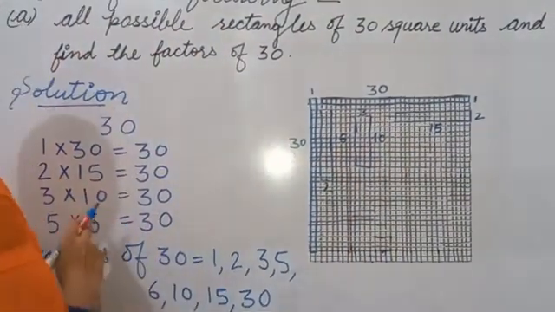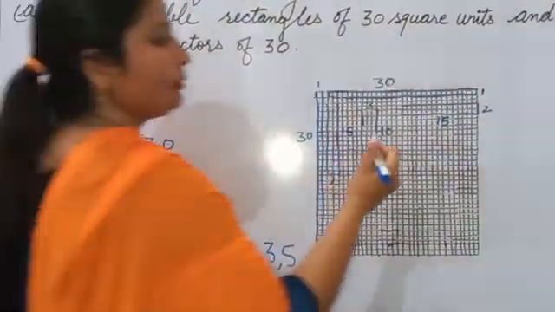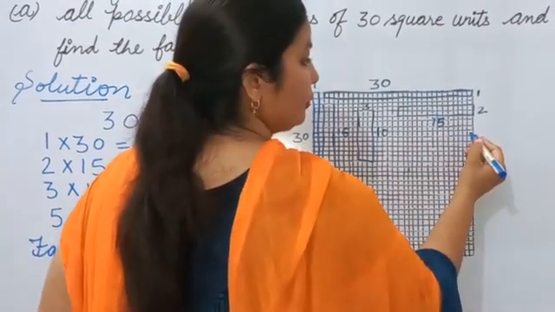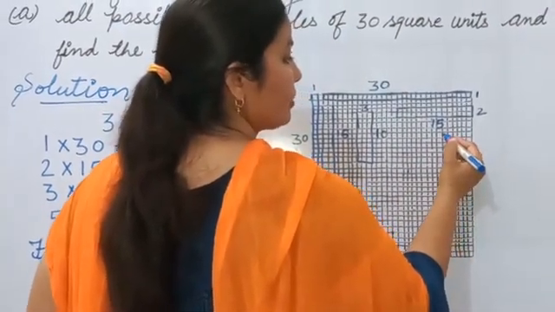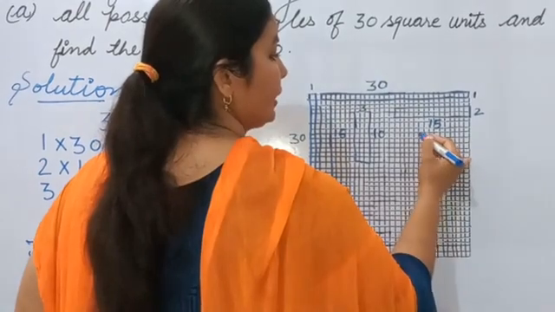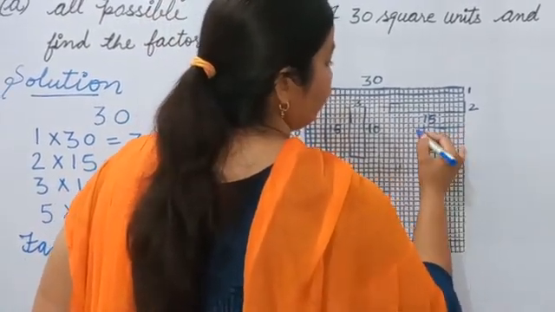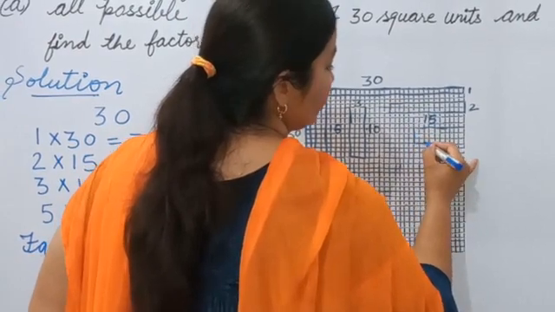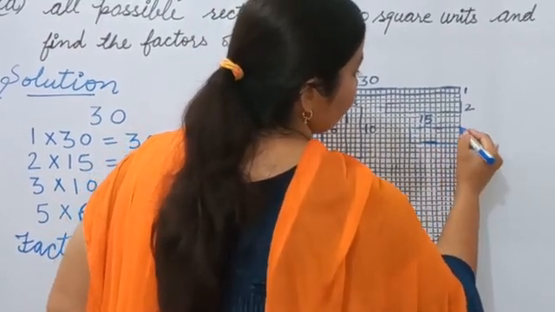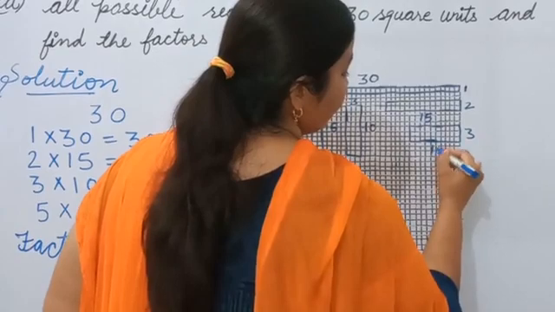Next is 10 by 3, means length we will take 10. So from here we can count 1, 2, 3, 4, 5, 6, 7, 8, 9, 10. 10 is length and breadth is 3, 1, 2, 3. So here we can write 3 and there we can write 10.